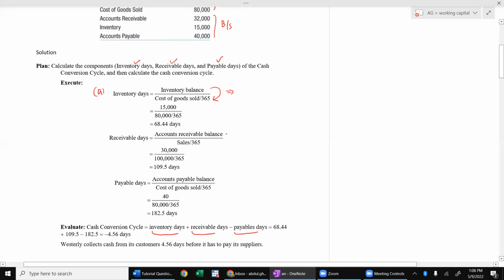Account receivable means how quickly you get back your cash from credit sales, and payable means how much time you take to pay back your payables. So this is all we need to do.